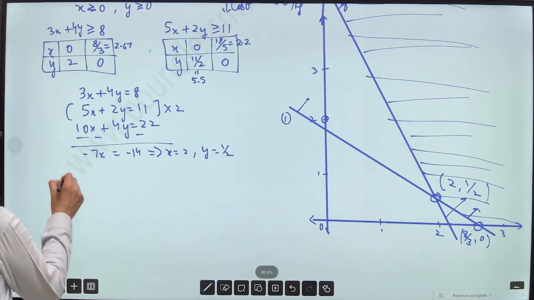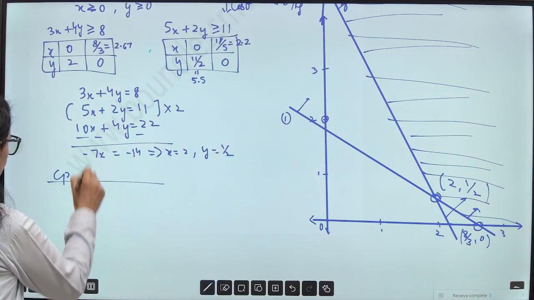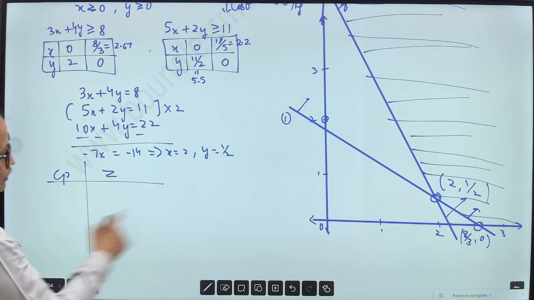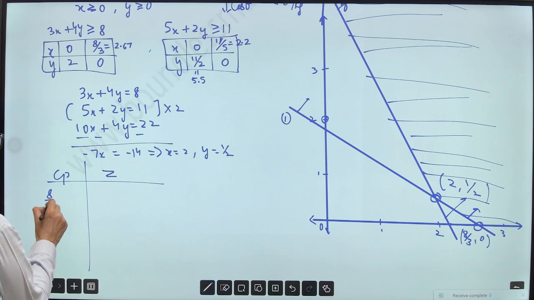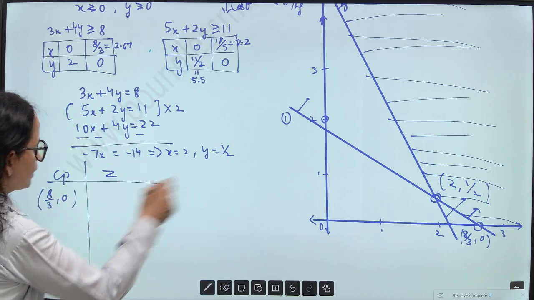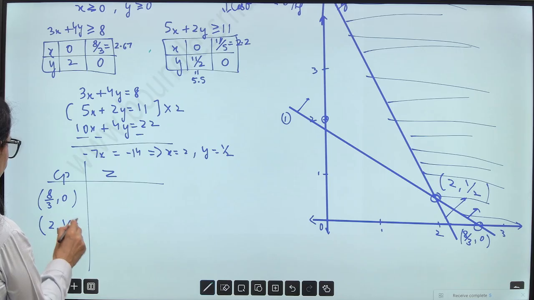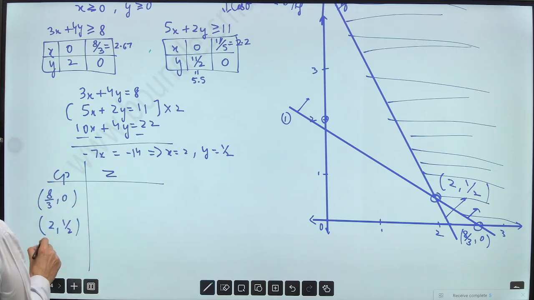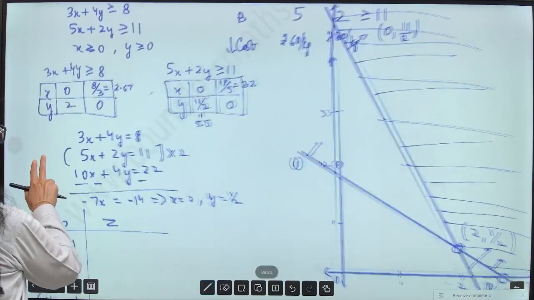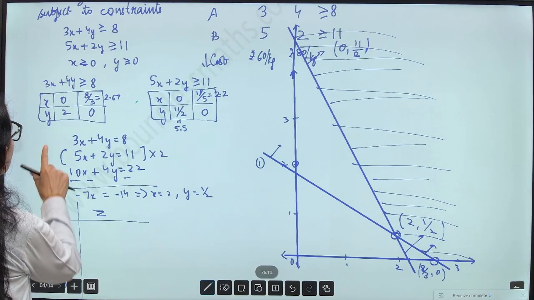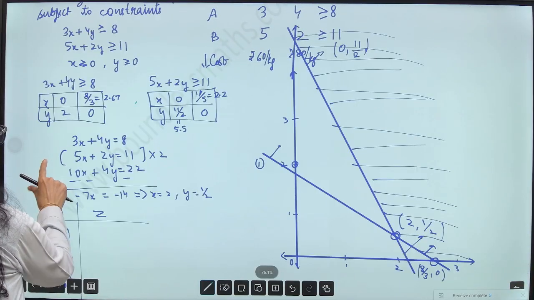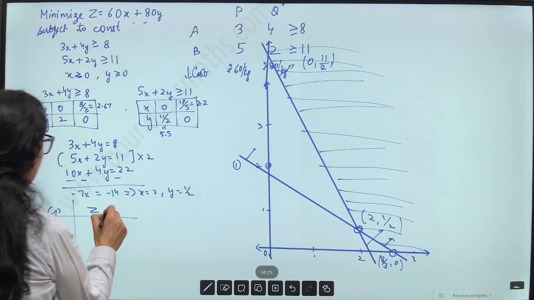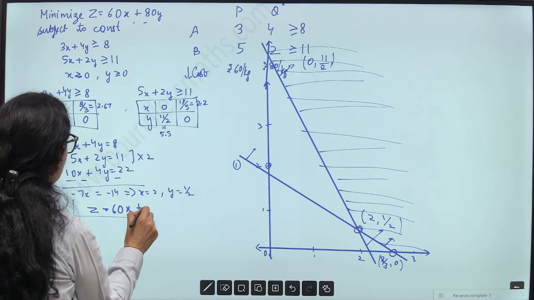So we have all the corner points. Let's write all the corner points and find the value of the objective function at each of these corner points. The first corner point is 8 by 3 and 0. The next one is 2 and half, and the upper one was 0 and 11 by 2. What is the objective function? It is 60x plus 80y.